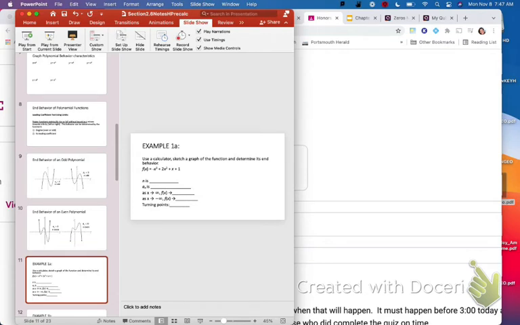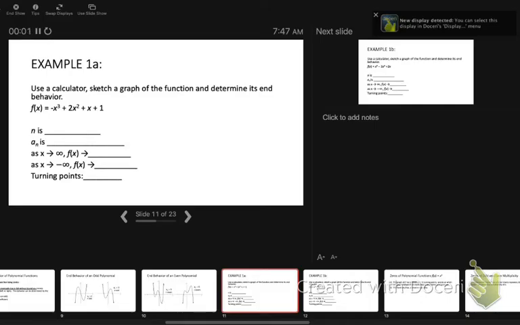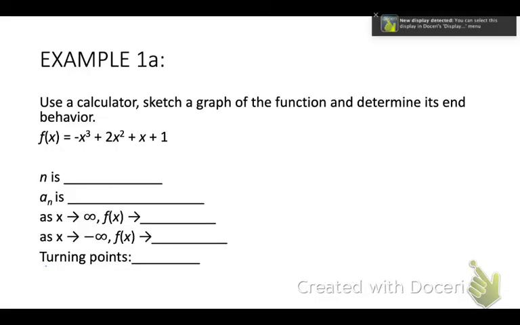So what are we asked for? We're asked for what our n is. What's our highest degree for this function? This is a degree of 3. What is our leading coefficient, or our leading term?